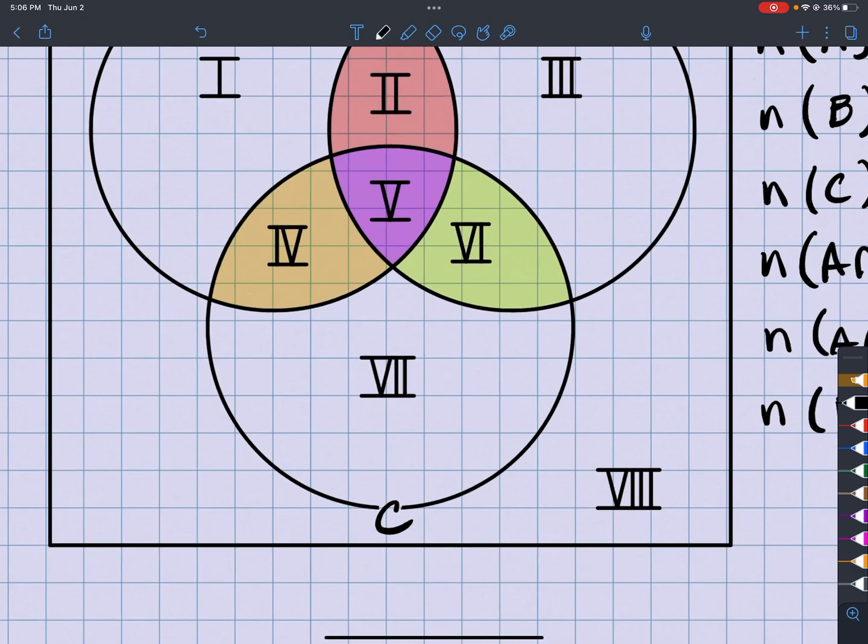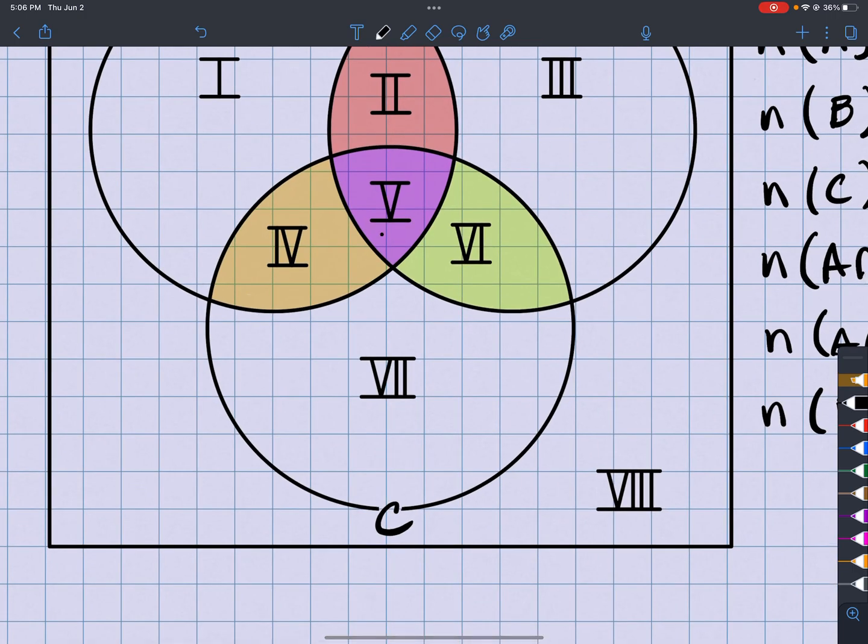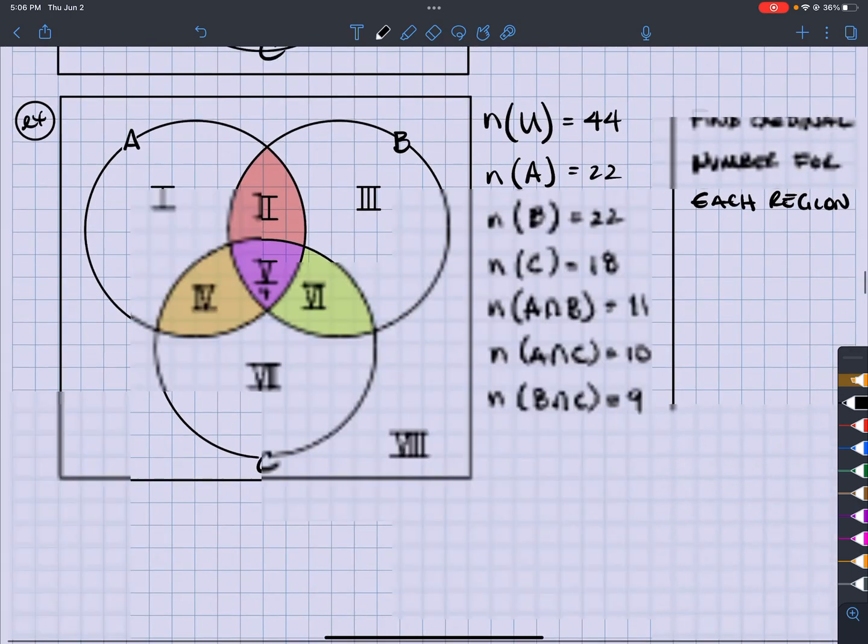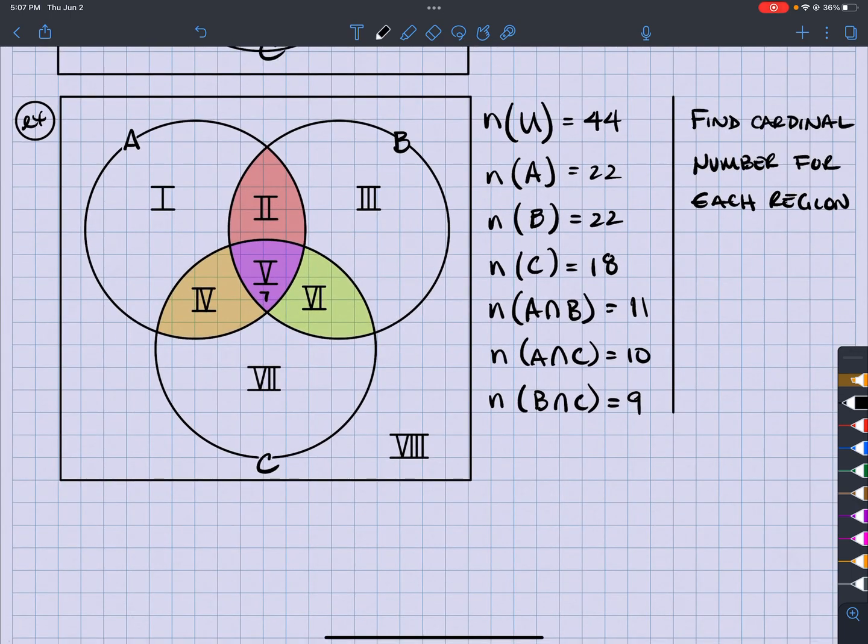However, you are given this as well, that region 5 has 7. The cardinal number is 7, so there's 7 elements in region 5. Okay, so they're talking about sets, they're talking about regions, so they're kind of combining everything together. All right.